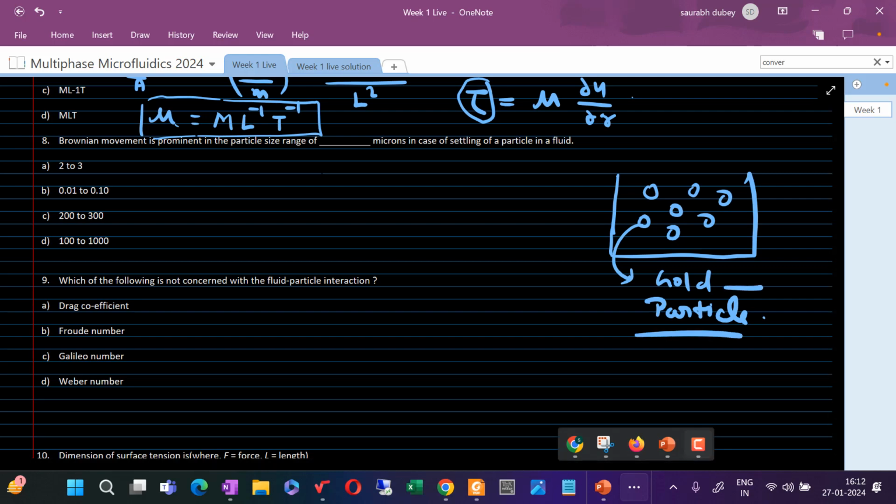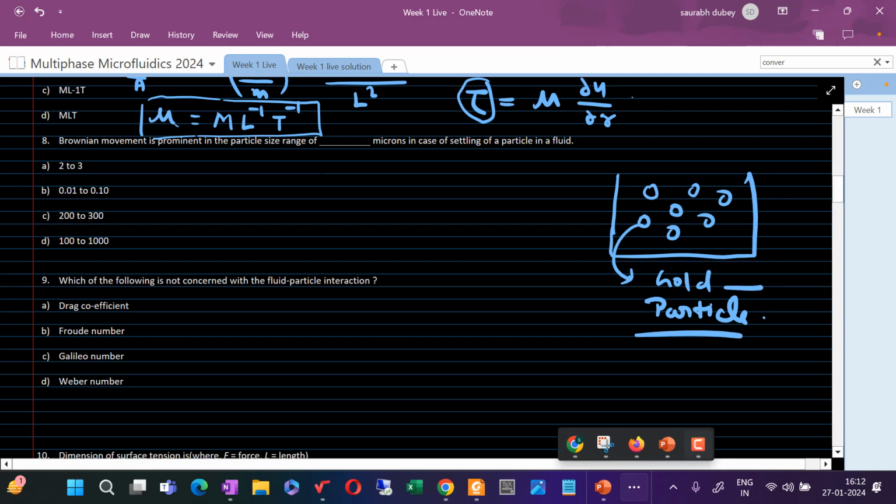Do you know that gold is of what color? Golden. Golden means yellow, yellowish kind of thing. But what will happen if you crush whatever gold you are having, reduce that size, and all the particles that you are having are either in the micron or in the nano size, like 10 nanometer particles you made from the gold that is golden in color?